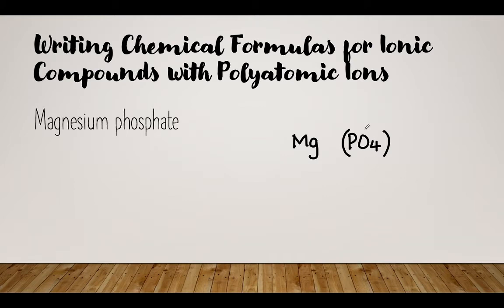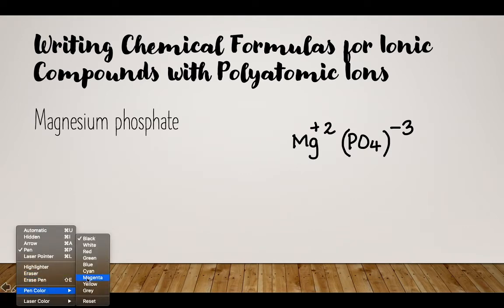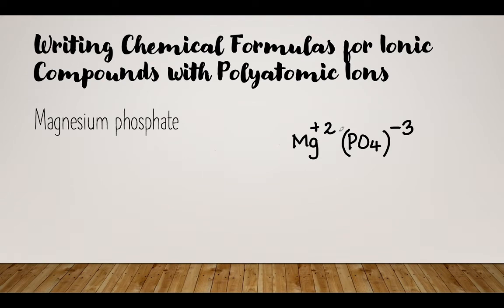So PO4, phosphate, if you remember, has a charge of -3. And magnesium is in group 2, so that has a charge of +2. And just like we did for the other ionic compounds, I am going to crisscross these numbers.